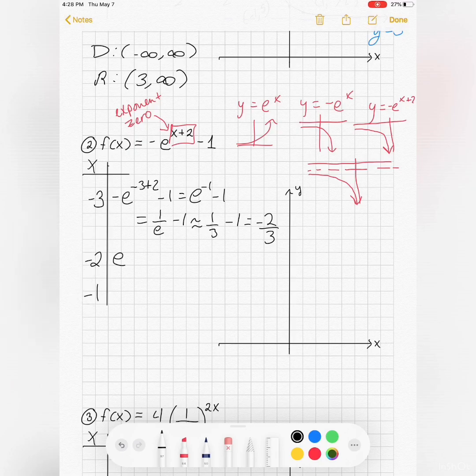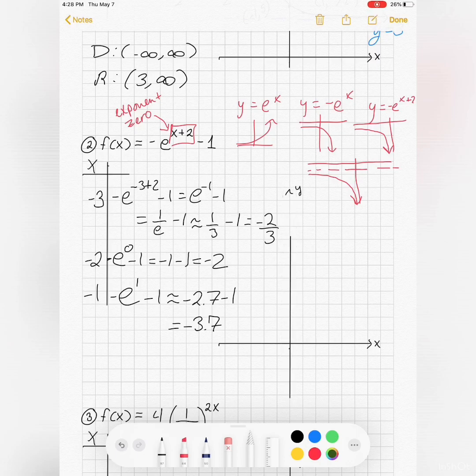Let's do -2. -3.7-ish. Okay. Actually, probably need to move this down.